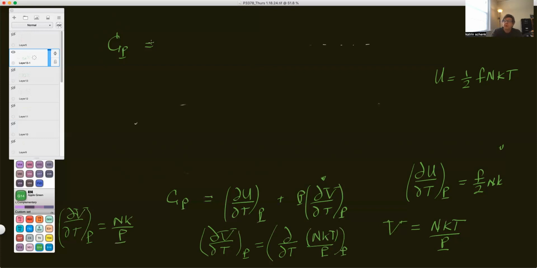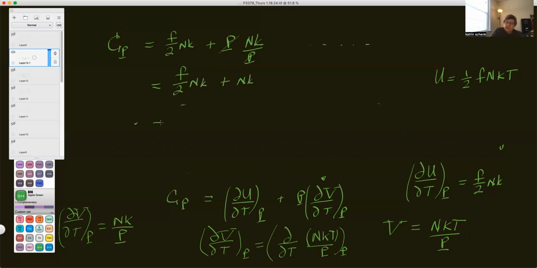We know what that is: it's F over 2 times NK. And then we have P times partial V, partial T. So we have plus P, and the partial V, partial T becomes NK over P, and those P's cancel out, and we end up with F over 2 NK plus NK.